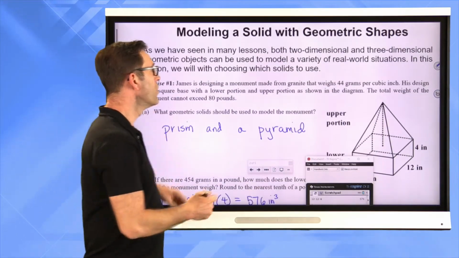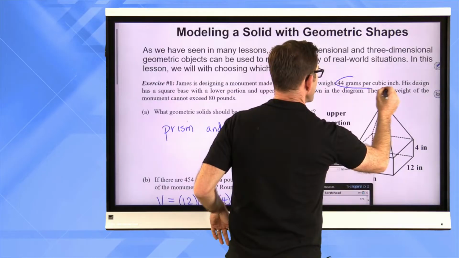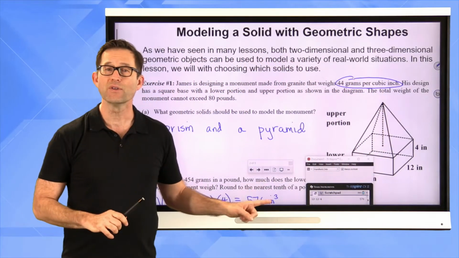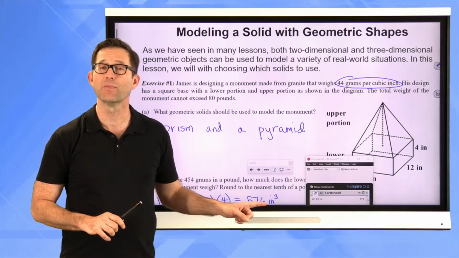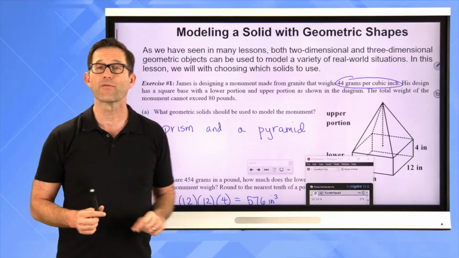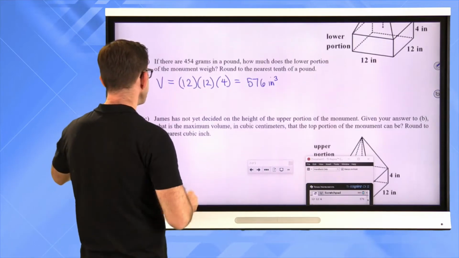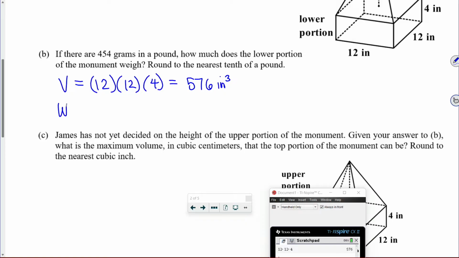Okay, great. So we know the volume is 576 cubic inches. We also know that the granite we're using weighs 44 grams per cubic inch. So each one of those 576 cubic inches is going to give us another 44 grams. So let's figure out the weight in grams. The weight in grams is 576 cubic inches times 44 grams per cubic inch.